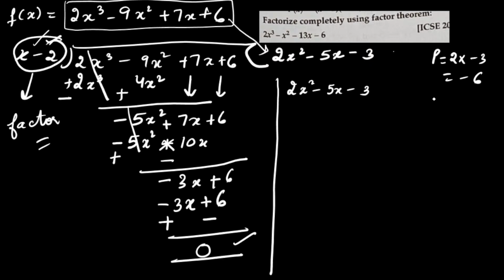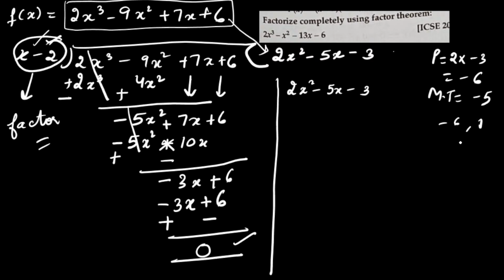And then we have to write the middle term. The middle term of this one is minus 5. So signs are very important here. Aditya has given the factors. So the product is minus 6, and we can choose minus 6 and 1.